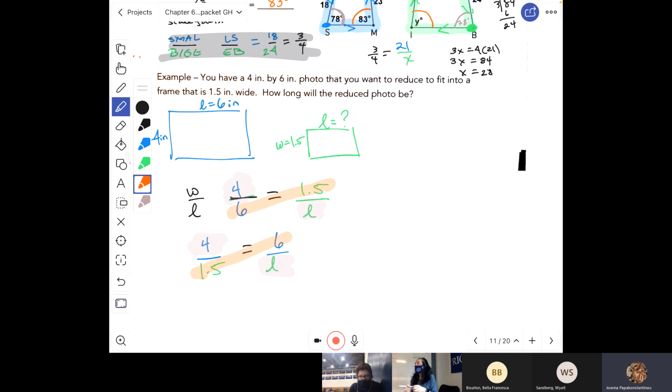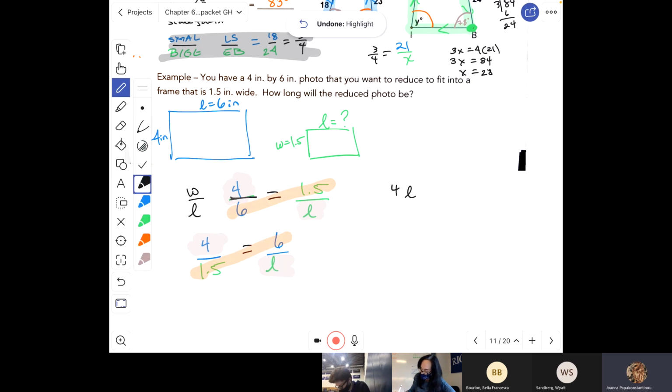As long as you're using the properties correctly, it's okay to pick and choose which method you want to use. So if I did the first one, it would be 4 times L equals 6 times 1.5. So 4L equals 9.